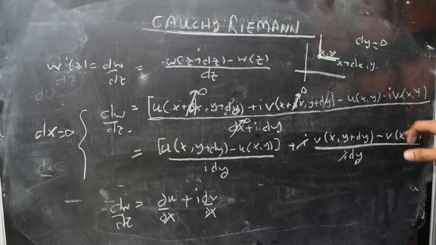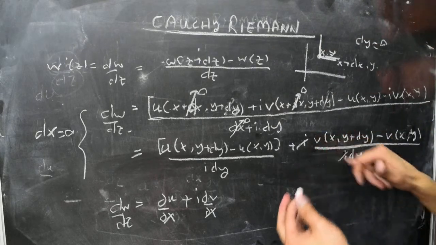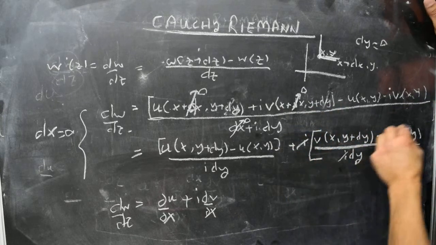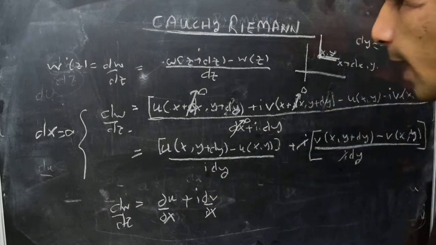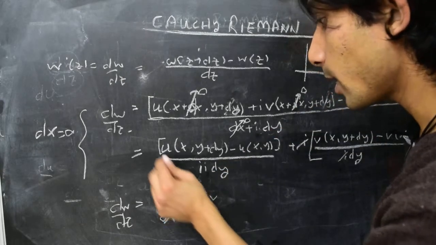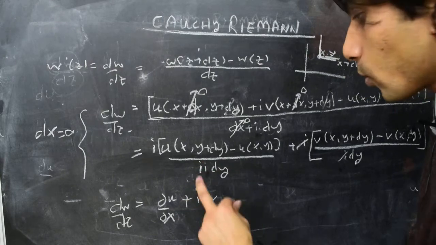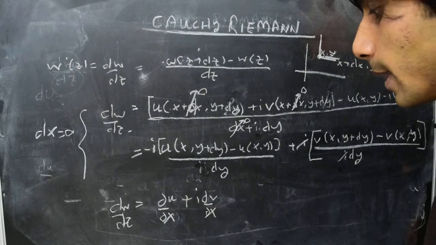Now if you look at this expression, x is fixed and y is varying. So this is a partial derivative of v with respect to y, and the i's have cancelled out. So this whole expression is nothing but dv dy. On the other side we have an i in the denominator, and we can divide by i and multiply by i, and we know that i squared is minus 1, so we can write this as minus i times this expression.